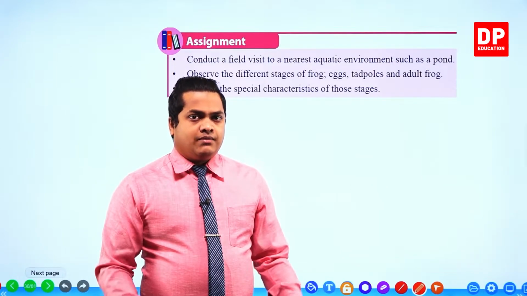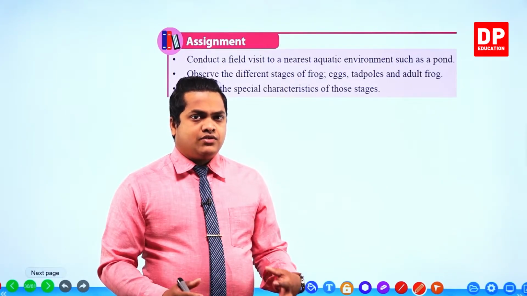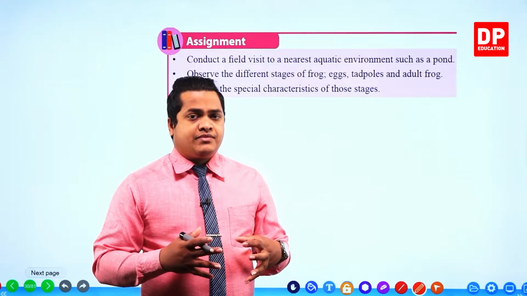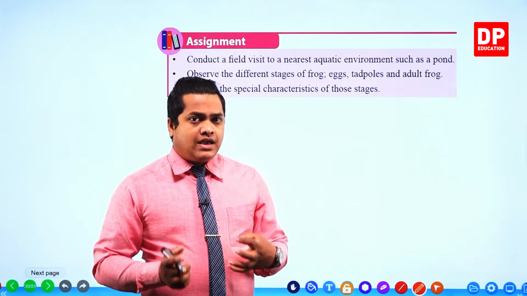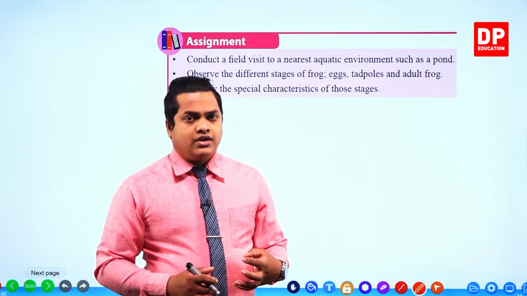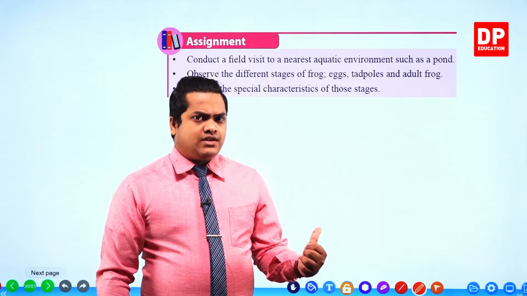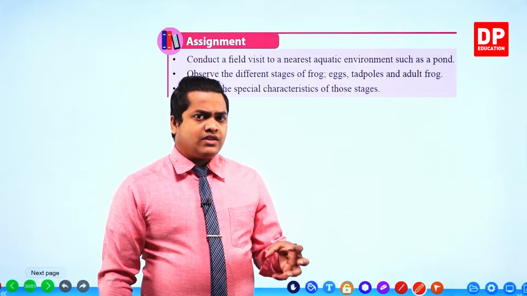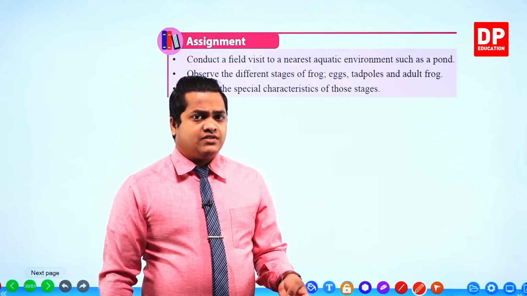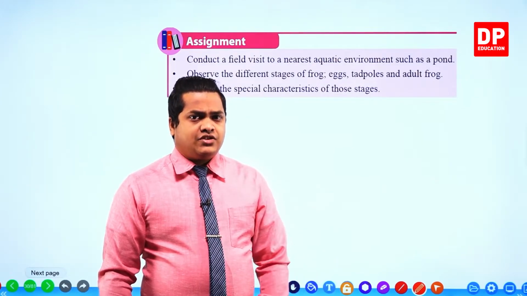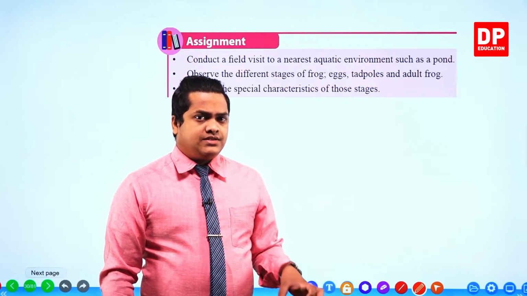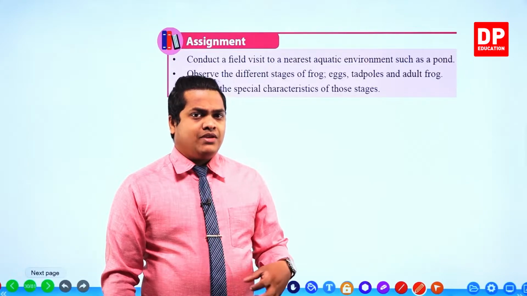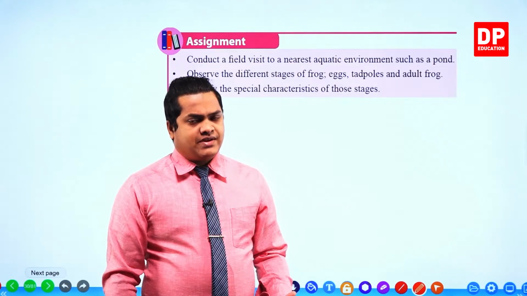By looking at that, you can check the differences between each stage of the frog. In the earlier lesson we discussed the main differences of each stage. However, once again within this assignment I'll mention these differences, my dear children.